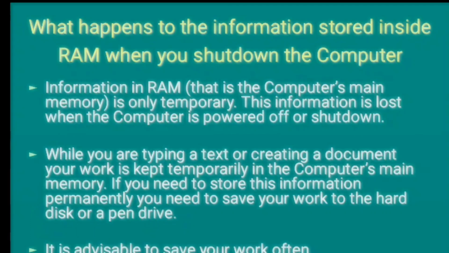While you are typing a text or creating a document, your work is kept temporarily in the computer's main memory. If you need to store this information permanently, you need to save your work to the hard disk or a pen drive. It is advisable to save your work often.